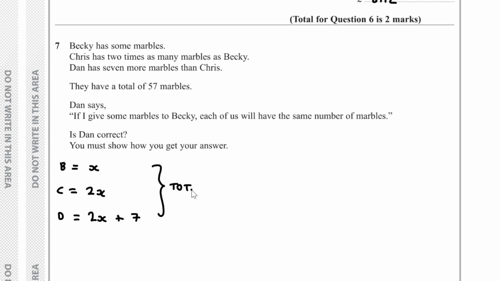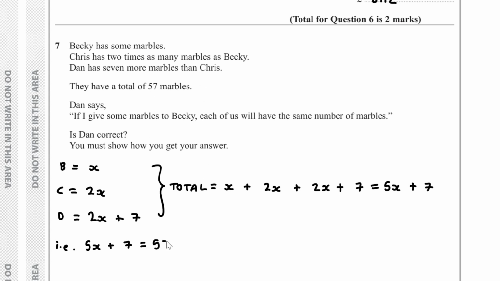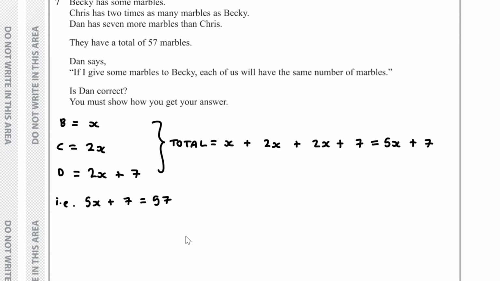The total number of marbles they have, we have x plus 2x plus 2x plus 7. So here we get 4x plus x, that's 5x. And then we have the plus 7 as well. So in other words, 5x plus 7 is equal to 57, because there's 57 marbles in total.